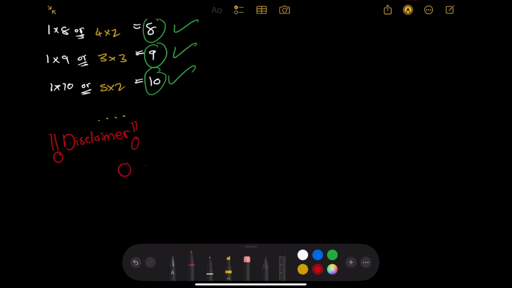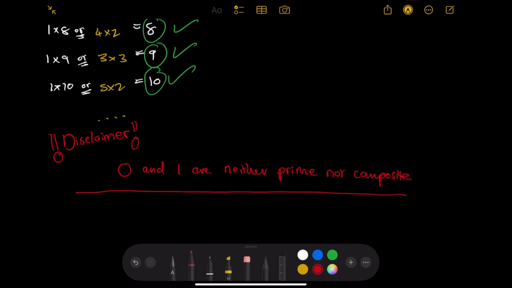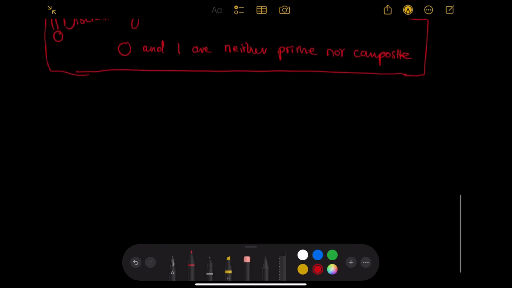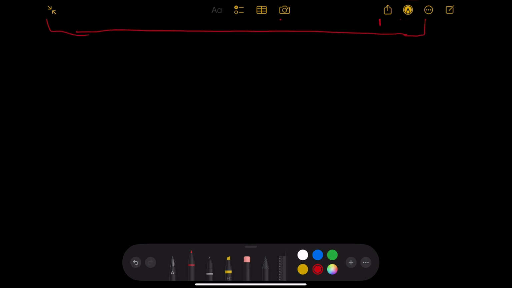Important disclaimer is that 0 and 1 are neither prime nor composite. This is really important, so please do remember that, right? Yes, please do remember that.